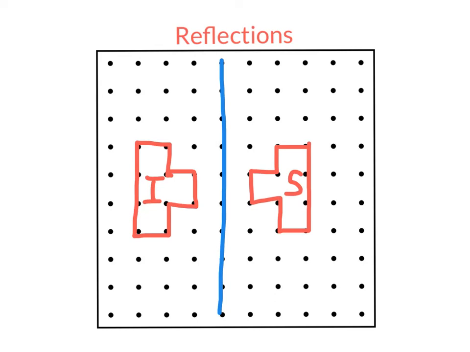And if I pick a vertex on the shape, let's pick this one, I am 2 spaces over from the line of reflection. And if I pick the matching vertex on the image right there, I am 2 spaces over. So the same distance away on the shape and the image from the line of reflection. That means I have done a great job.